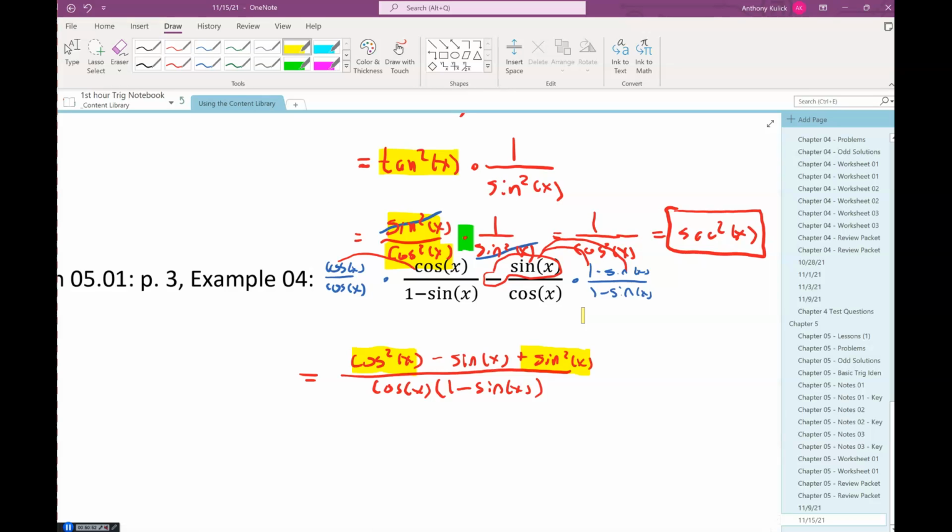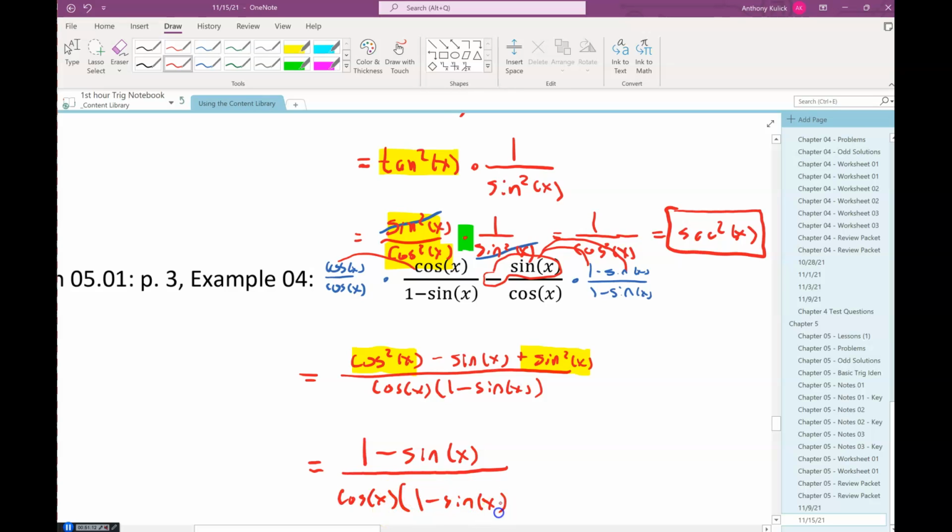They're both positive, right? They're both part of the same addition and subtraction problem. That's okay. We can use that Pythagorean identity there to turn that into really 1. We still have the minus sine x in the numerator. And the denominator we didn't do anything to.